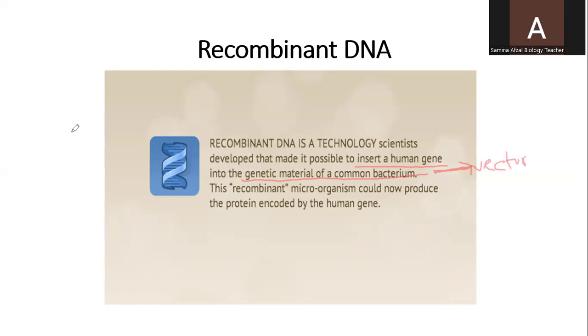When this vector has these human genes inside, at that time it is called a recombinant microorganism. And this recombinant microorganism would now produce the protein encoded by the human genes.